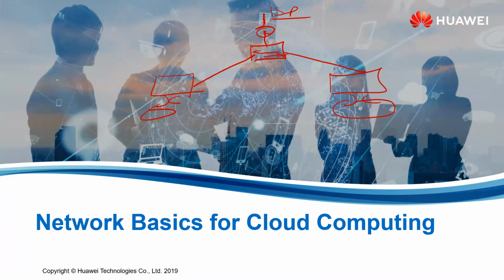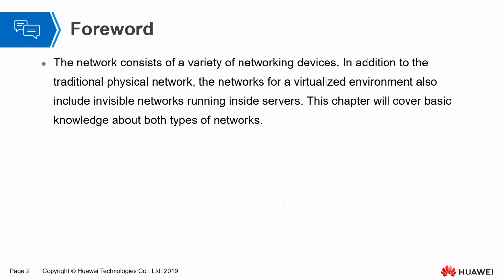So in this chapter we are going to describe some of the physical and virtual devices that are used in cloud computing. The network consists of a variety of devices, and in addition to the traditional physical network, the network for a virtualized environment also includes virtual networks running inside our servers. We will cover the basic knowledge about both types of networks.